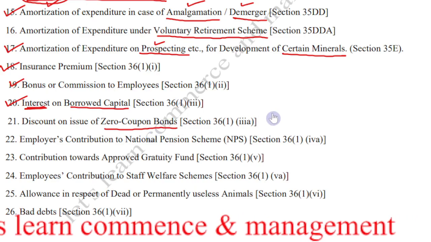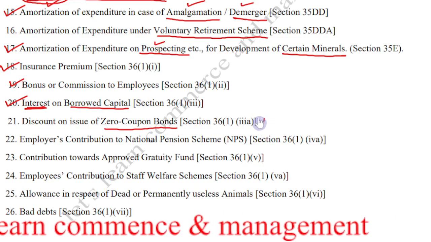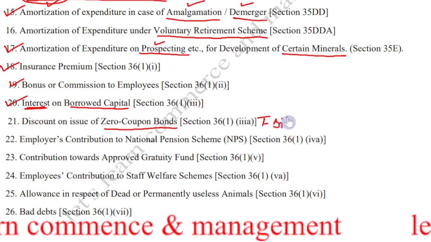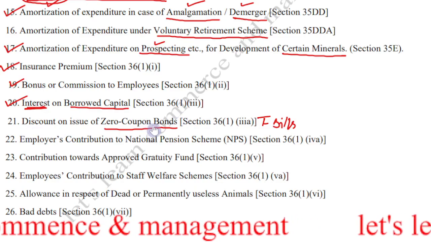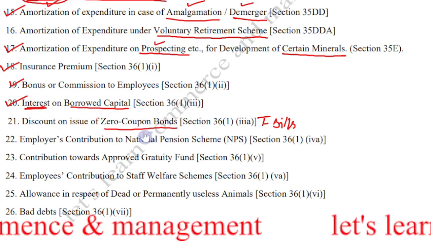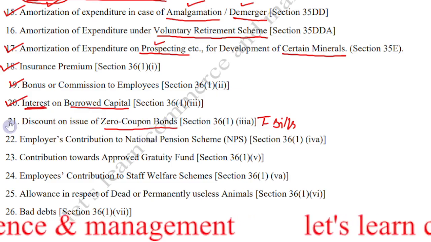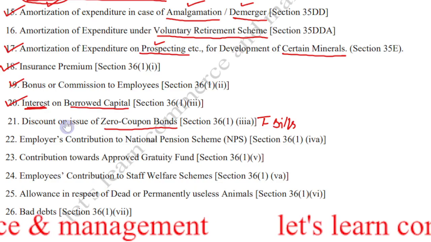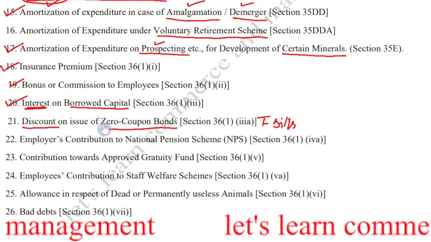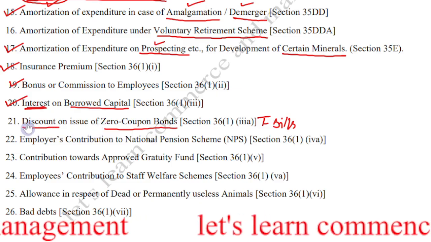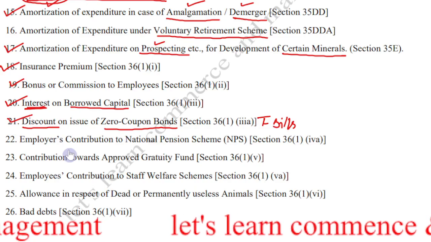An example of zero coupon bonds is treasury bills. So the discount which is allowed for these is also considered as a deduction.